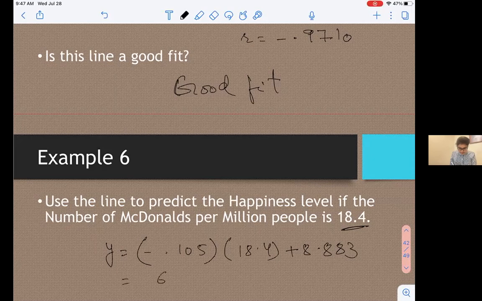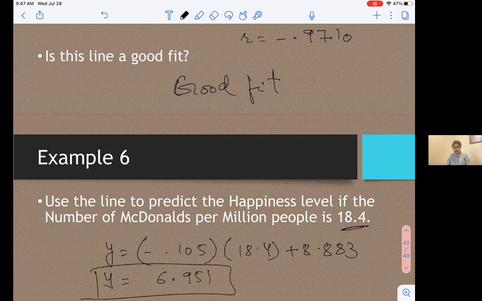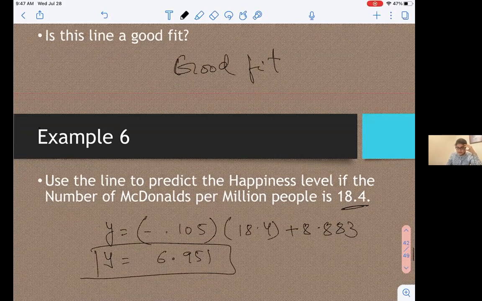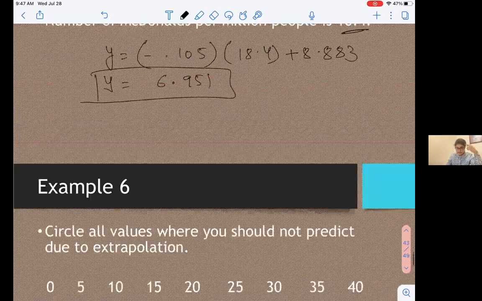This is giving me 6.951. So this is my happiness level when x is 18.4, for the selected data.